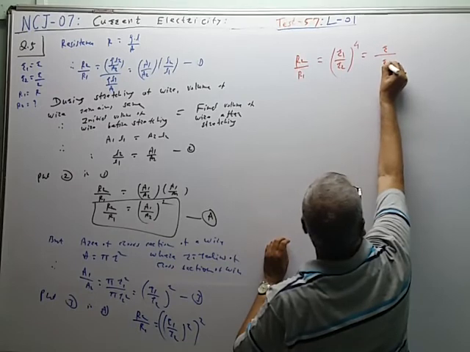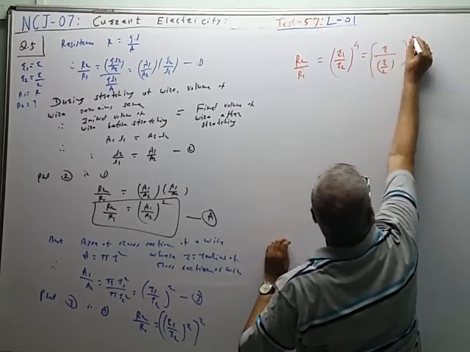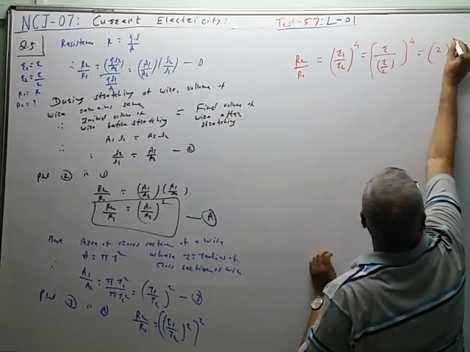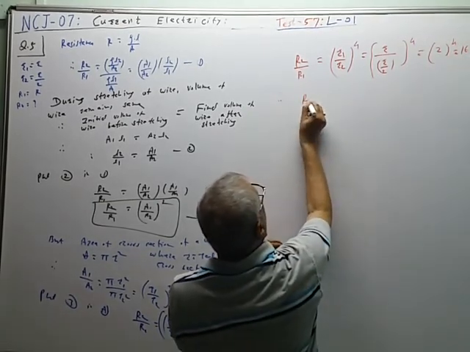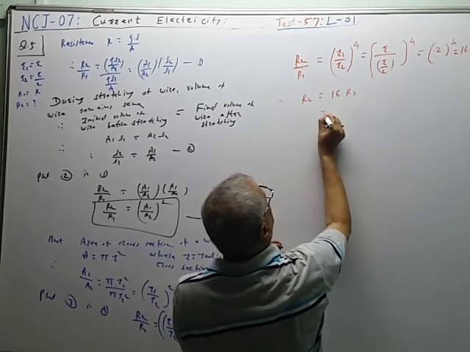So r upon r by 2 whole bracket raised to 4. So that is equal to 2 raised to 4, that is equal to 16. And therefore, the new resistance R2 is equal to 16 times R1.